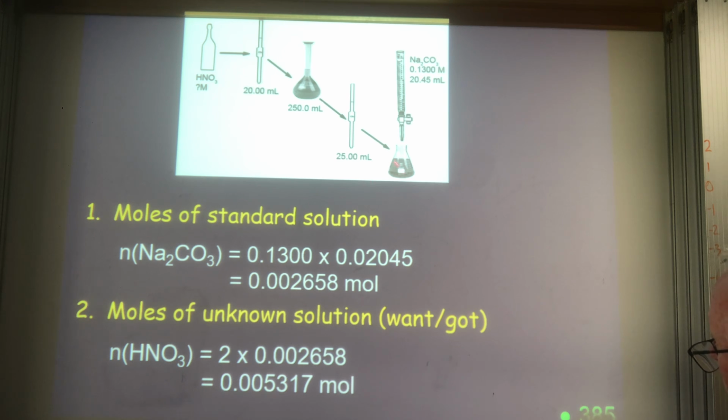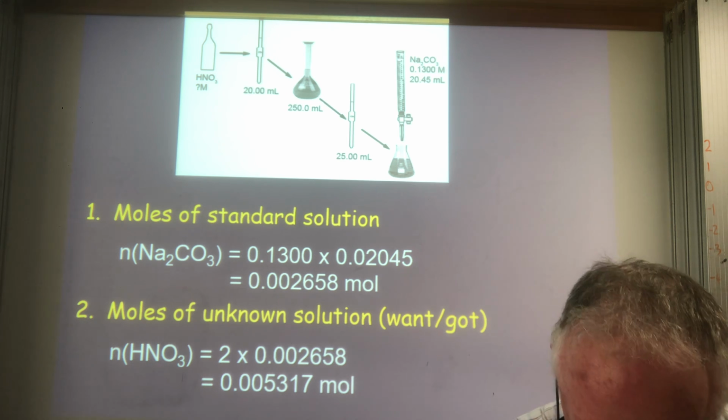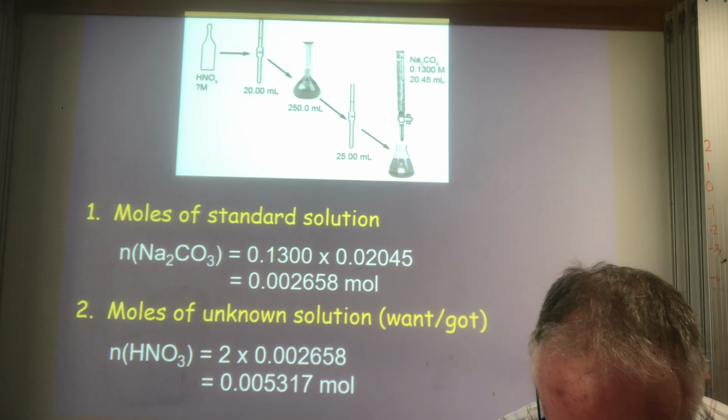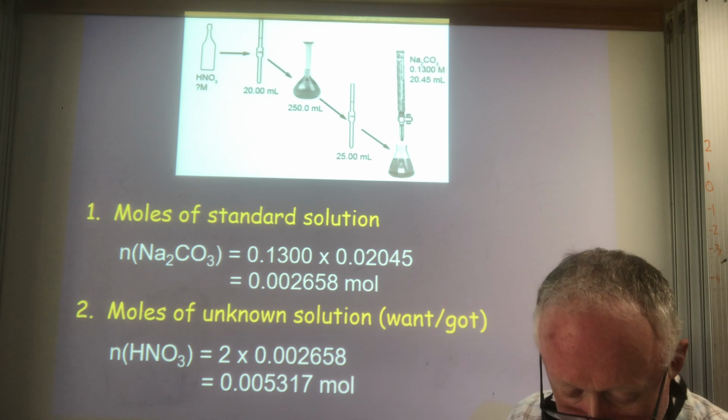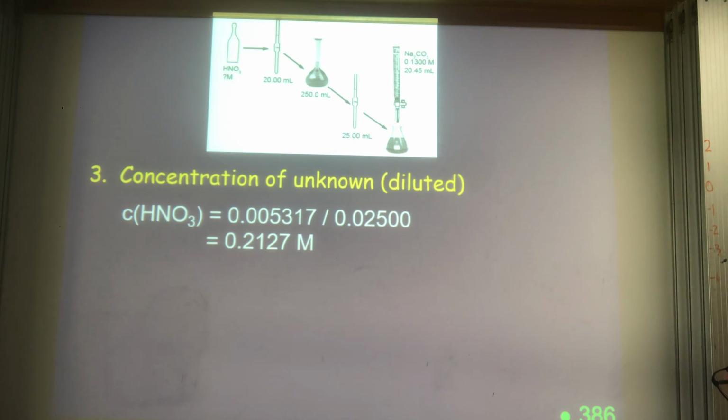So that's moles of our unknown in that conical flask, in that 25 ml aliquot. So we can work out the concentration of that 25 ml aliquot fairly simply.